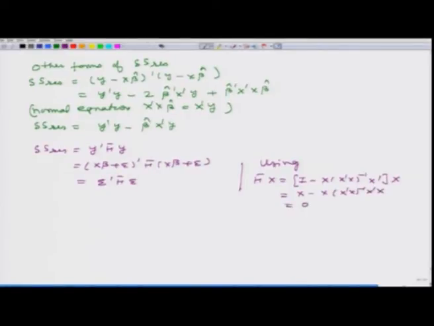So, this will come out to be a null matrix. So, we have used this result, and using this we obtain here an alternative form of the sum of square due to residuals.